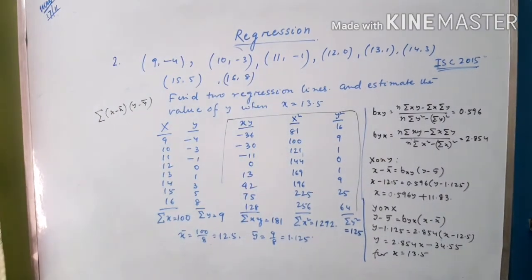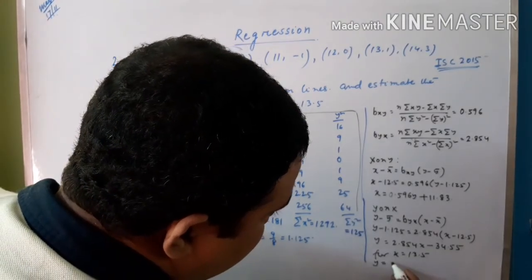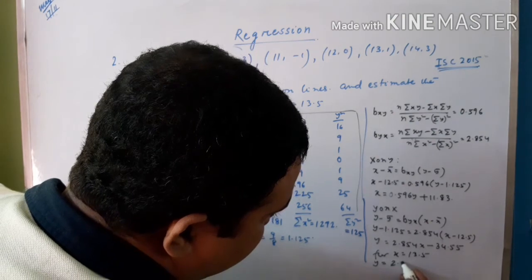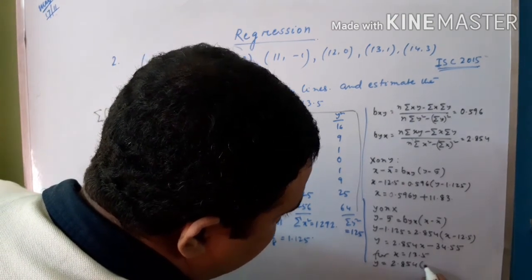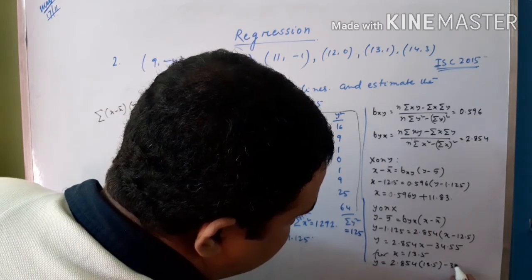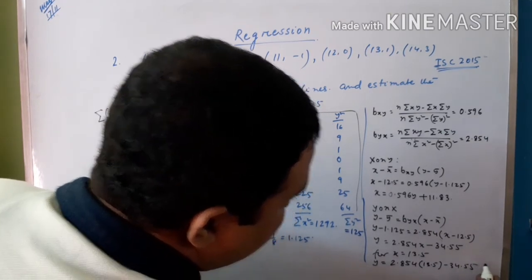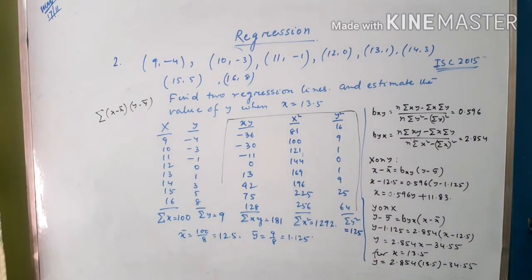For x equals 13.5, y equals 2.854 into 13.5 minus 34.55. Now you will calculate the value by using your calculator.